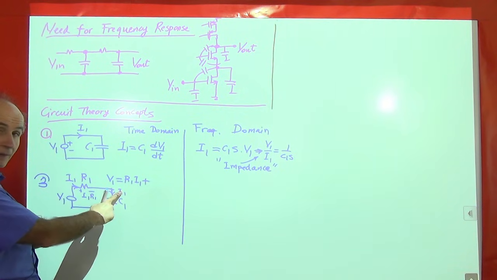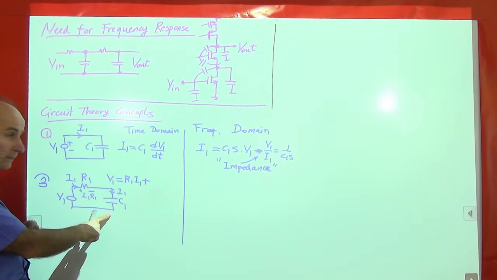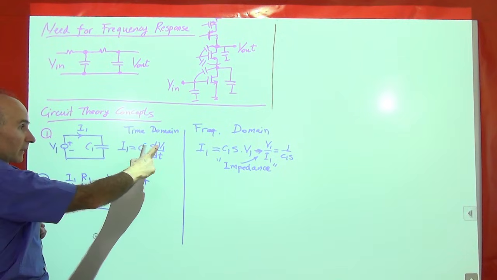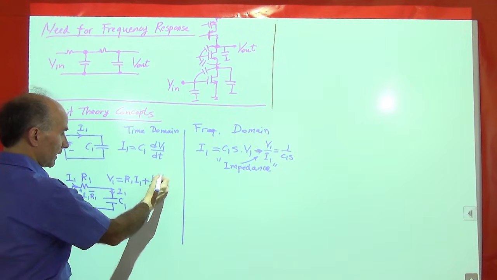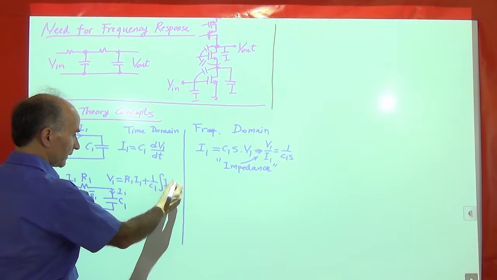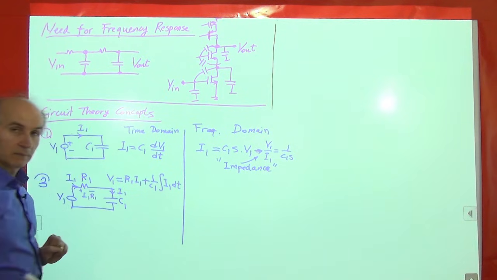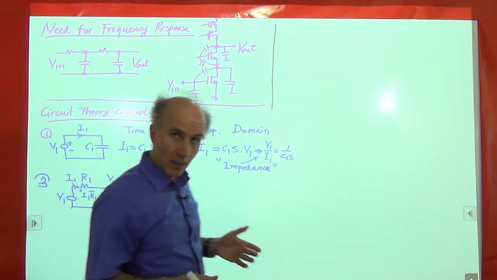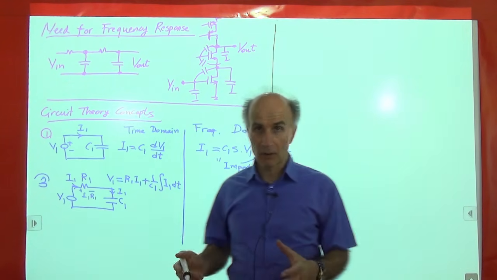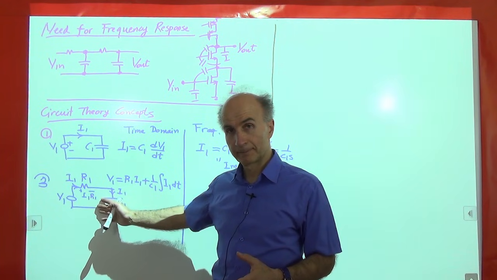If I have the current and I need a voltage, I have to integrate. So it would be 1 over C1 integral of I1 dt. So that is the integral differential equation that describes the behavior of the circuit.